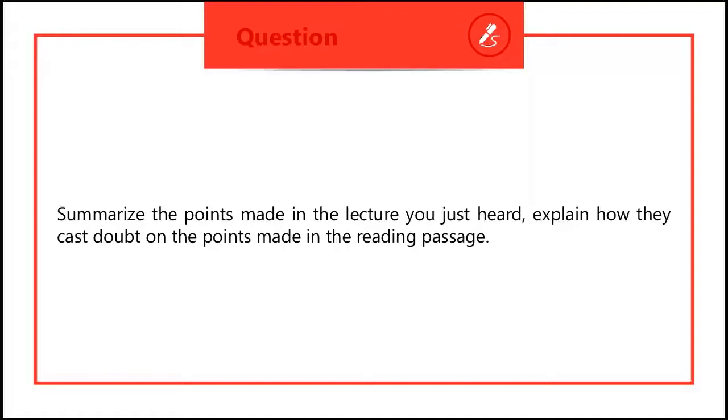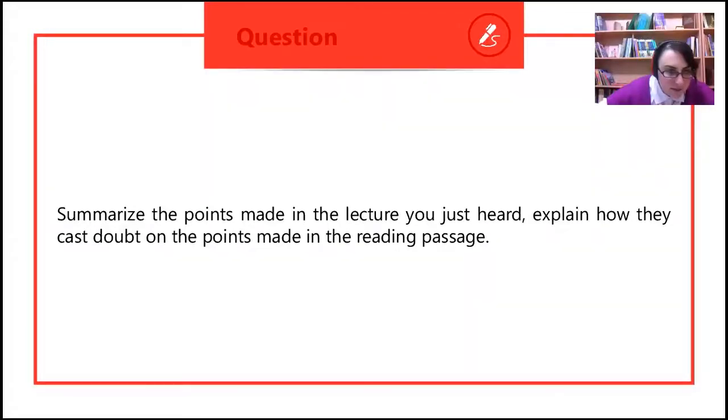Okay, so I hope that in the listening you understood that the lecturer just cuts down on, refutes, every point made in the reading. Genetically modified trees are genetically uniform and they resist one condition, but they aren't survivors.